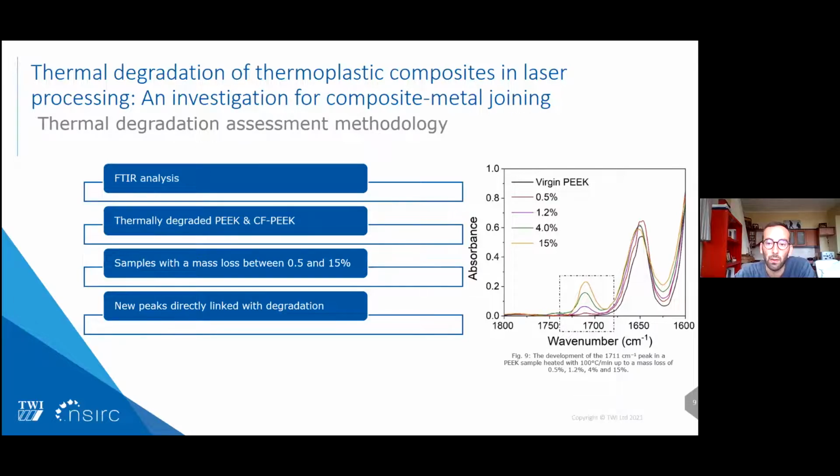This new fluorescent peak is detected, and as degradation progresses, its intensity increases as well. So besides being a very clear indication that the material has been thermally damaged, it can also be used as a tool for quantifying the amount of degradation after heating treatment.